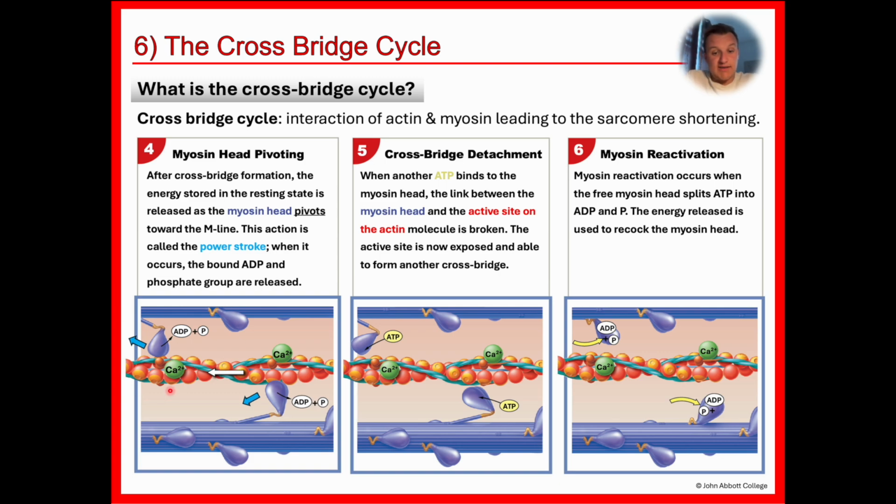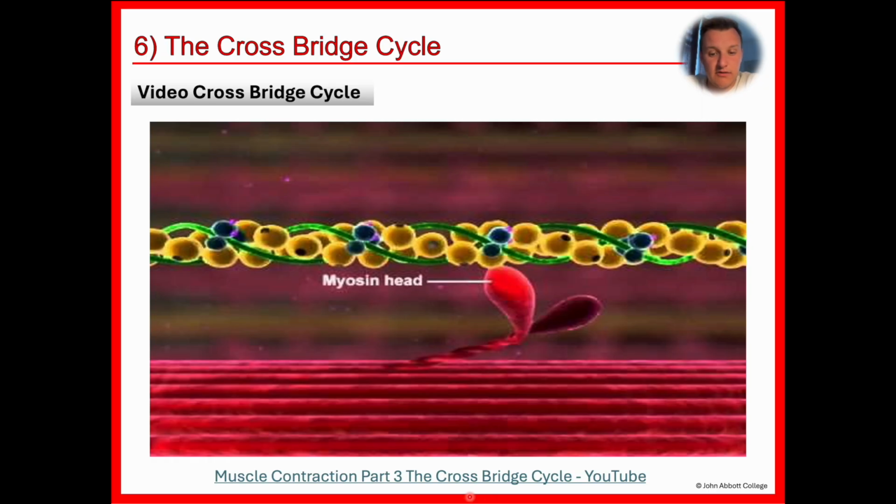So here's where the actin actually moves forward. Then in this position, you lift your oar out of the water. And in this position, you reactivate by bringing your oar back to the front of the boat so that you could put it back down again. And this occurs over and over again. We're going to watch a little video to take a look at this.